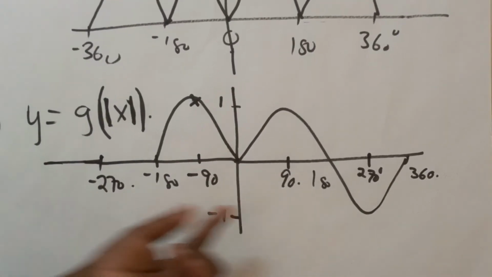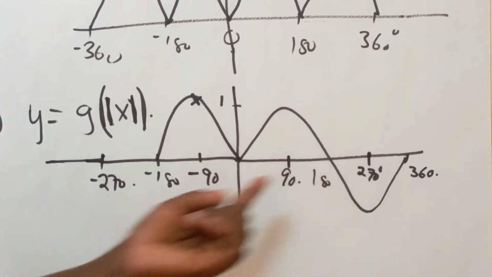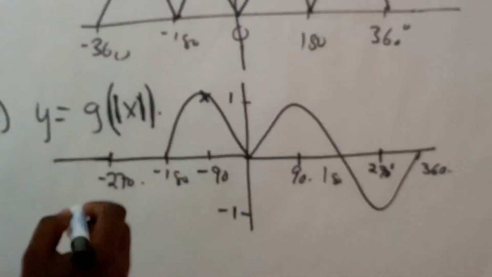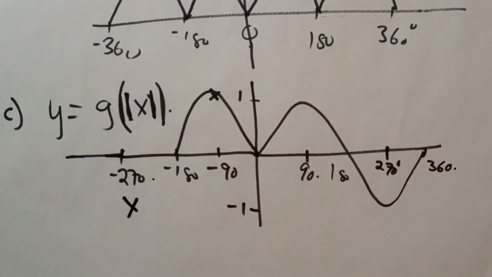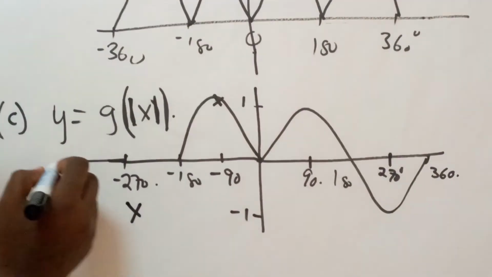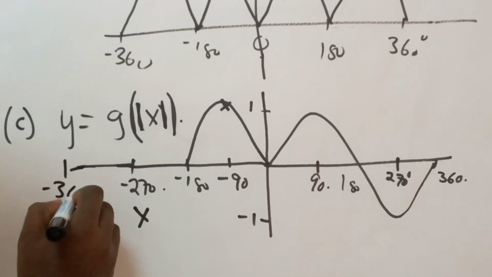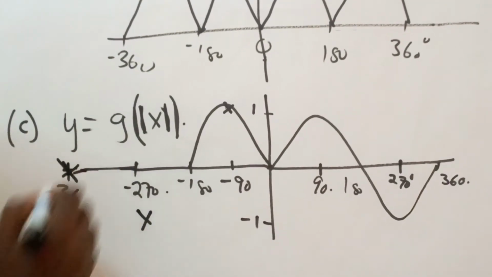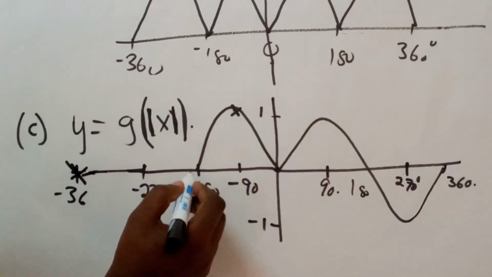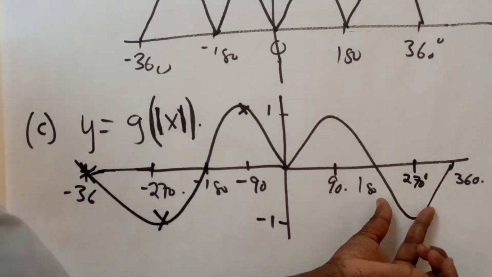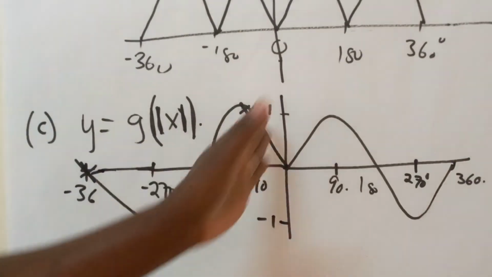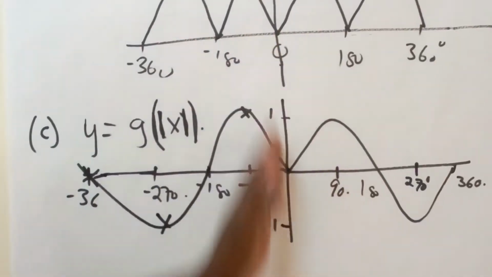So whether x is positive 270 or negative 270, the value of y remains negative 1. And of course, when x is minus 360, the value of y remains 0. So you can again see that it is this part that is reflected to this part along the y-axis.